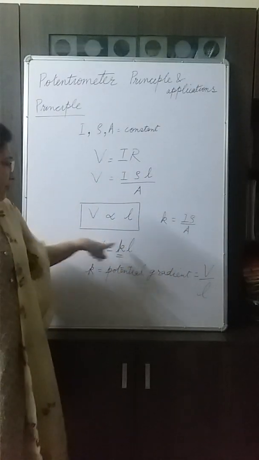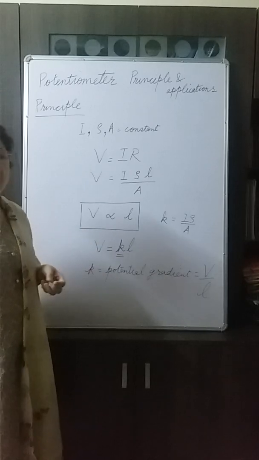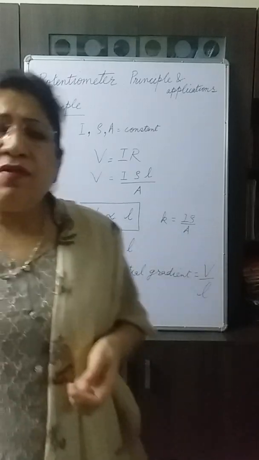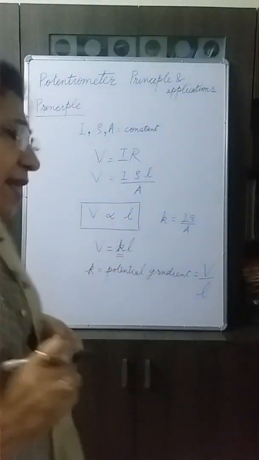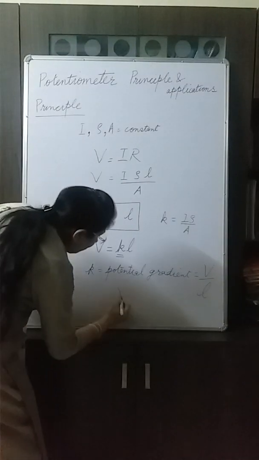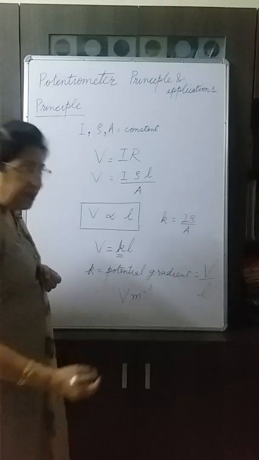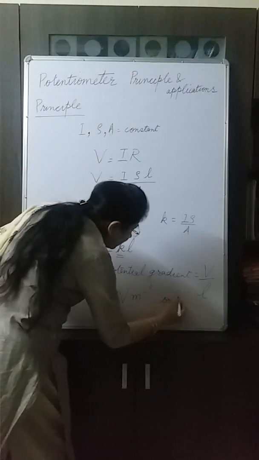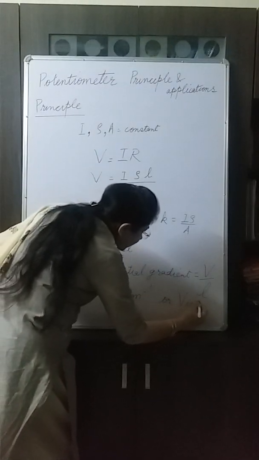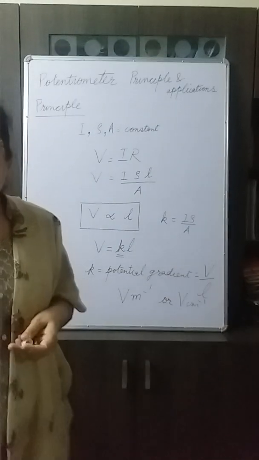K is V upon L, the rate of change of potential with the length of the wire, and its SI unit will be volt per meter. Sometimes we also use volt per centimeter in practical applications.